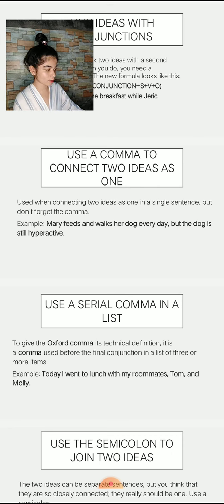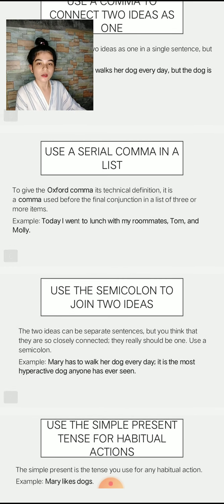Next, we have to use a serial comma in a list. This serial comma is also called the Oxford comma. Its technical definition is a comma used before the final conjunction in a list of three or more items.